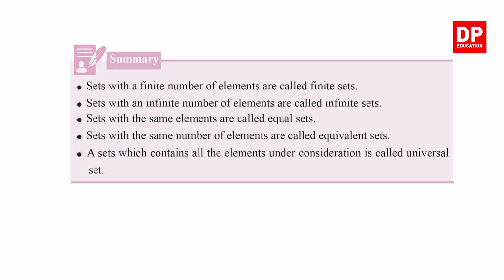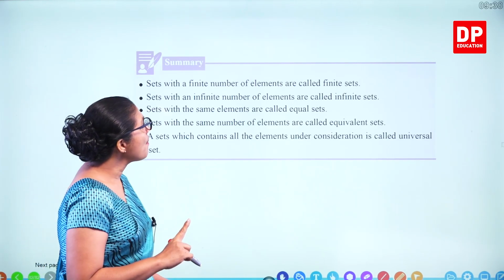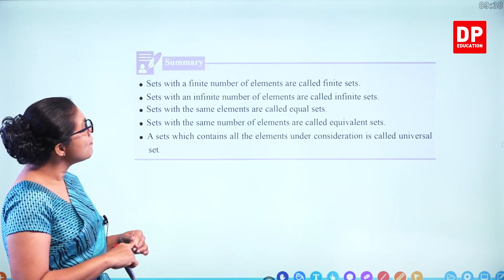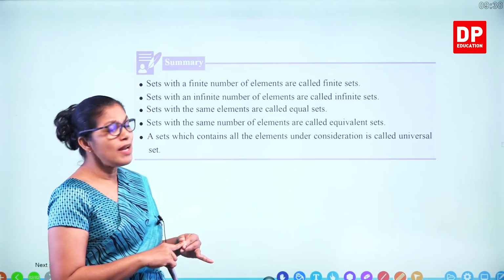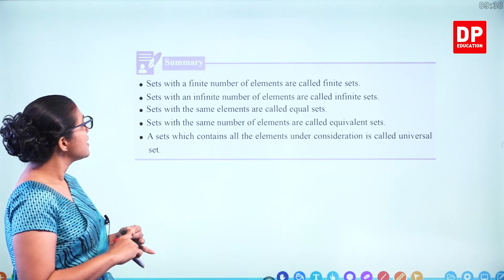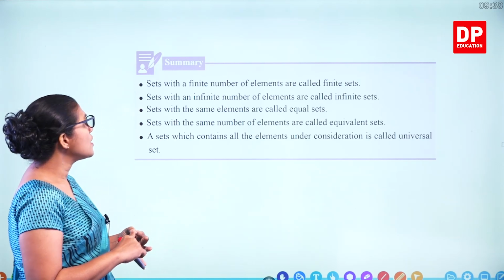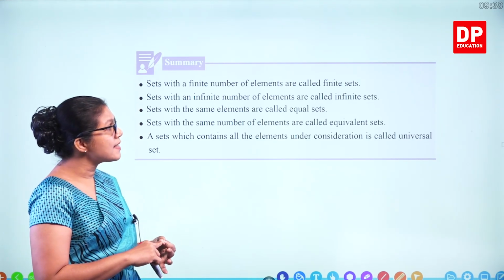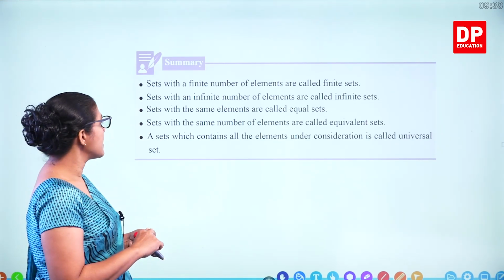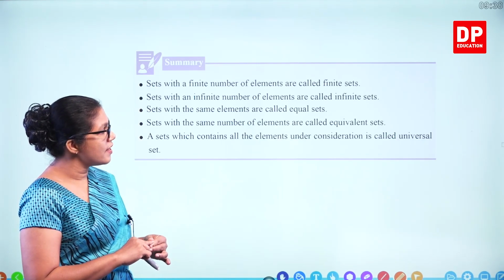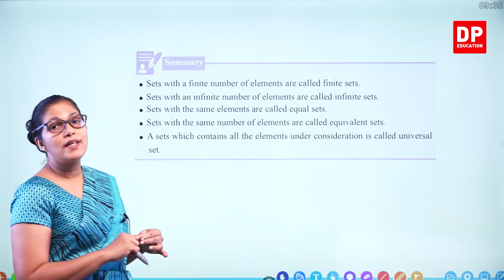So we covered all theory related to sets. Sets with a finite number of elements are called finite sets. Sets with an infinite number of elements are called infinite sets. Sets with the same elements are called equal sets. And sets with the same number of elements are called equivalent sets. A set which contains all the elements under consideration is called the universal set.